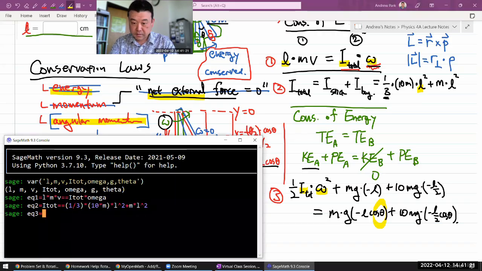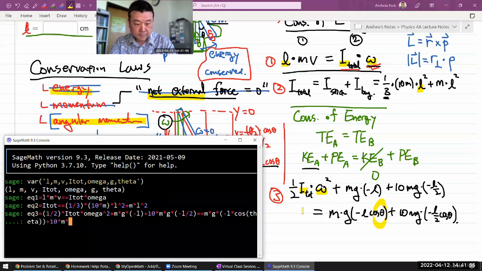And my equation 3, that's going to be this last equation, 1/2 times I total times omega squared plus M times G times minus L. I'm deliberately not simplifying things so that you can see the power of a computer algebra system. All of the left-hand side is equal to M times G times minus L times cosine of theta. Cosine is a function, so you have to be careful about this parenthesis stuff. Plus 10 times M times G times minus L over 2 times cosine of theta.